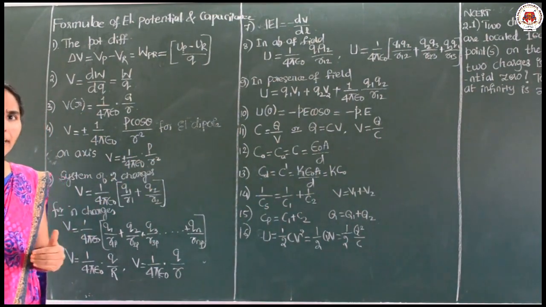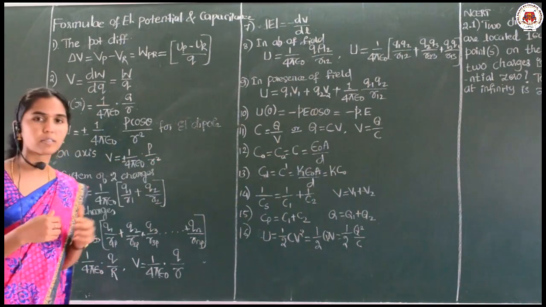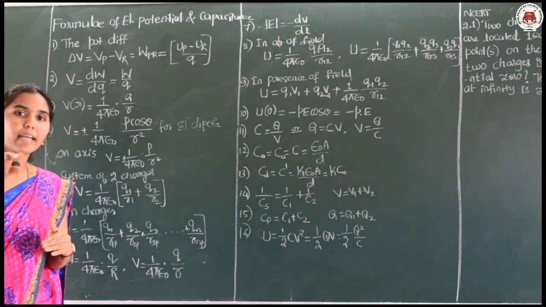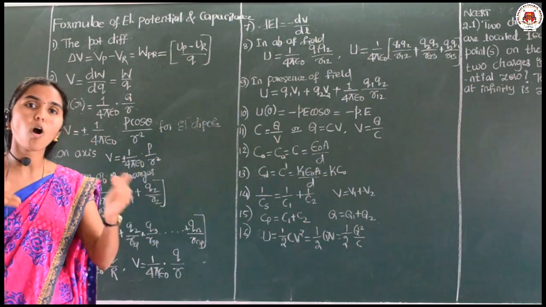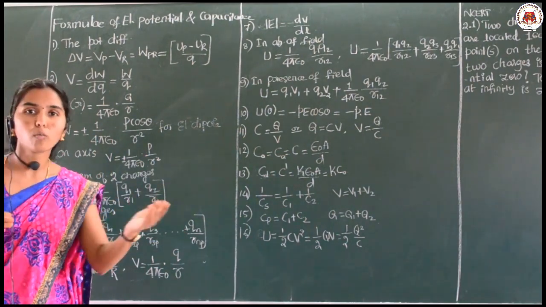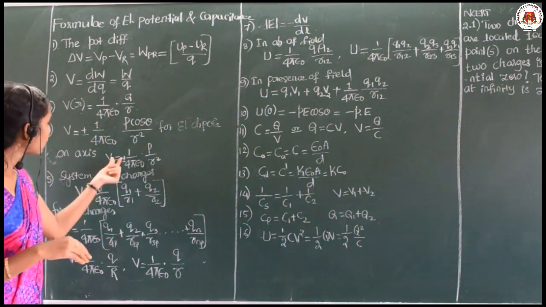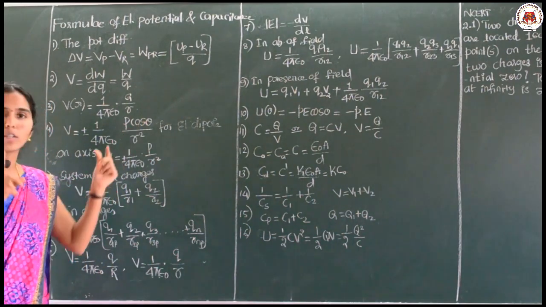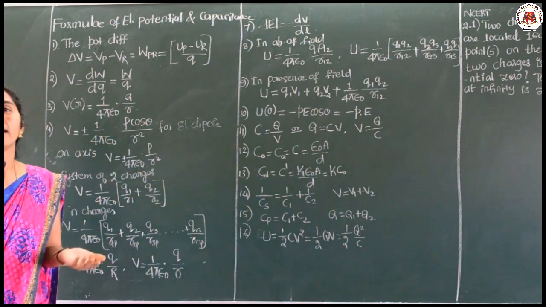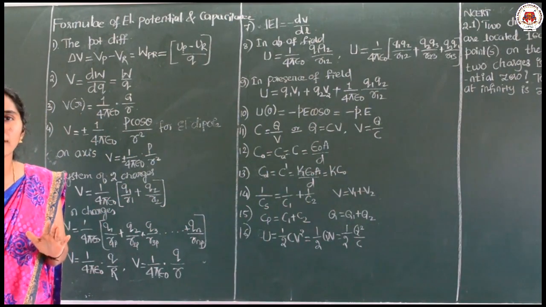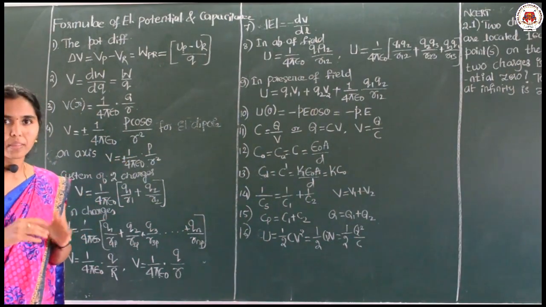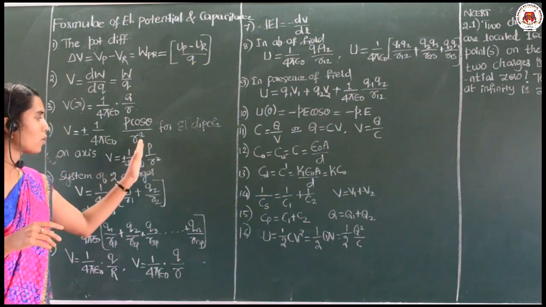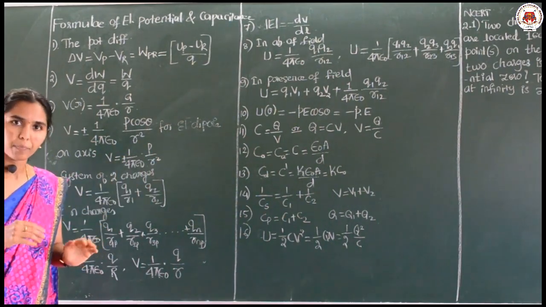Can you say why it is only P upon R square? Because on the axis the theta value may be 0 or pi, 0 or 180. For 0, cos 0 value is 1 and for 180 its value is minus 1. So we have taken plus or minus 1 upon 4 pi epsilon naught P upon R square, right?